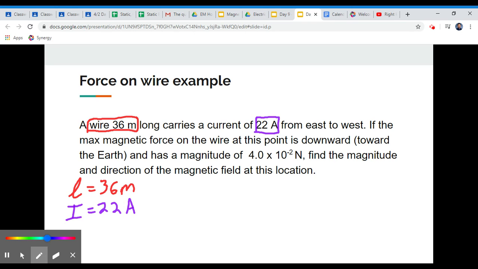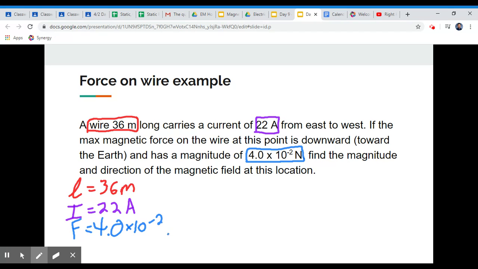And then I have a magnitude of the magnetic force, so I'm actually given force in this problem: 4.0 times 10 to the negative 2 newtons. Now we need to find B. That's the whole goal here.